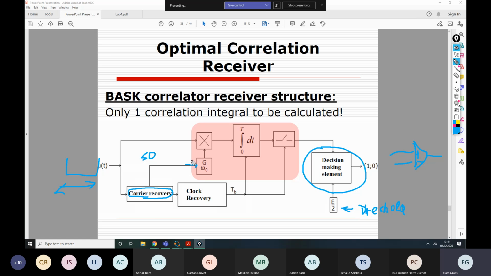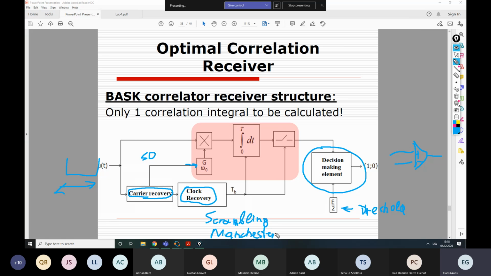It extracts that information and feeds it to the generator to make a more accurate signal to be used in this correlation calculation. Then we also need to extract the information about symbol duration, clock time intervals. This is actually why we wanted to use, for example, scrambling, some advanced coding, such as Manchester coding or AMI coding, right?